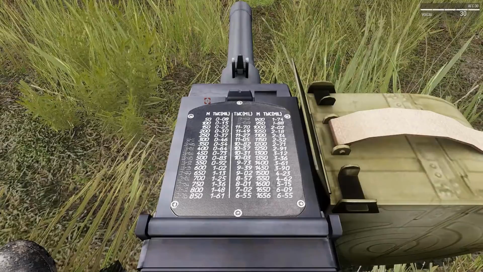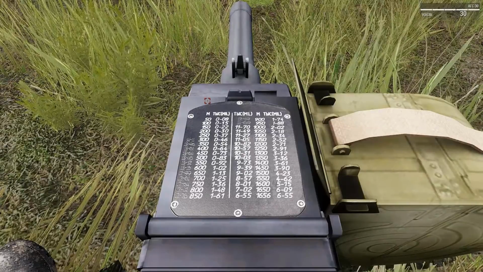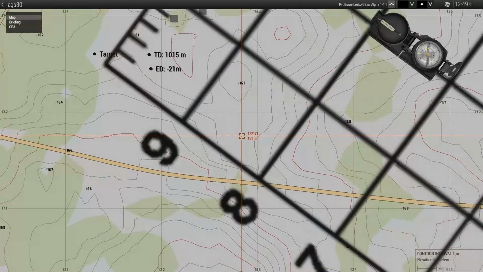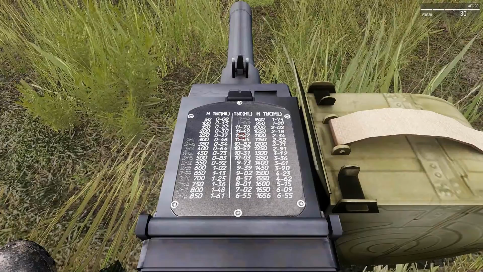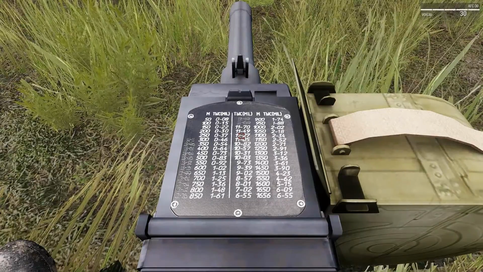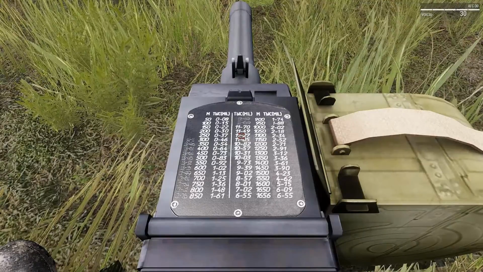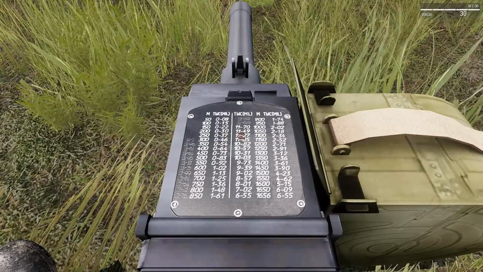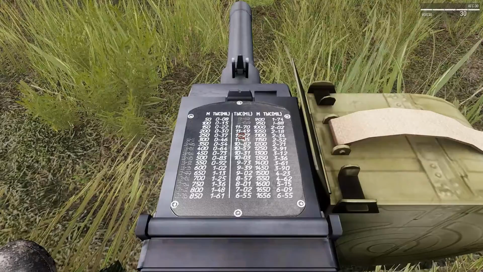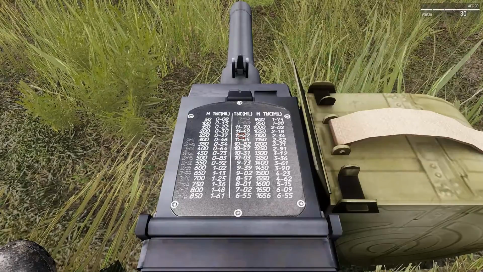That is our range table. The problem is that I don't have elevation difference on it, but let me show you how to work around that. Our target distance was 1015 meters. Our base elevation corresponds to 1000 meters, which is 1170. The next elevation, for 1050 meters, is 1149.